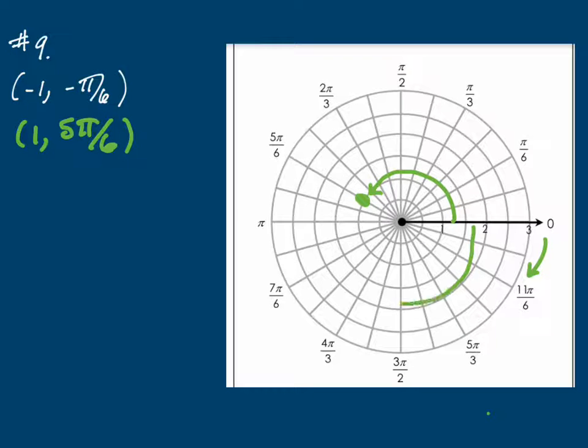So I'm going to go all the way around to here, and that is -7pi/6. So going forward again though, 1, -7pi/6.